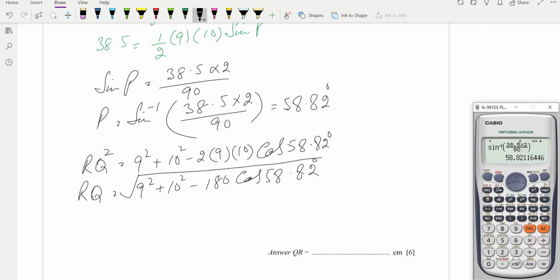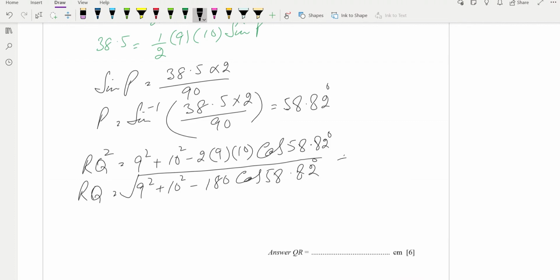This calculation we can make square root of 9 squared plus 10 squared minus 180 cos of 58.82, and we have missed something and we have to put brackets at the end, and this will be equal to 9.37.